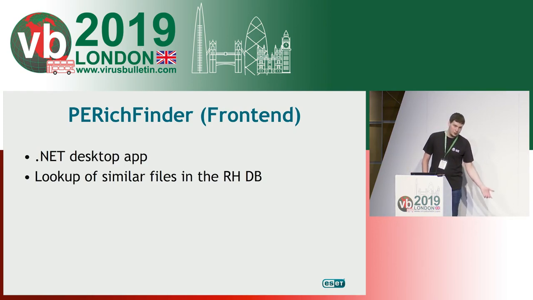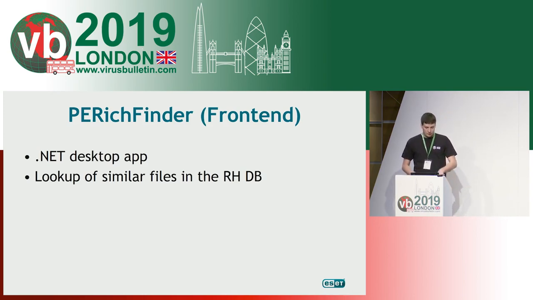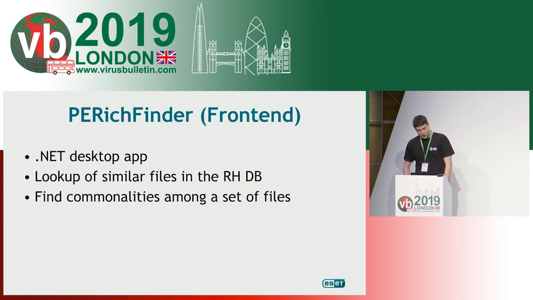So when you have some new unknown file that you don't know anything about, you just use the tool to see if there are already some similar files in the database, and it could lead to some quick attribution. It's used to find the commonalities among a set of files.